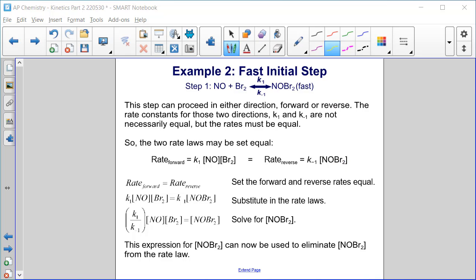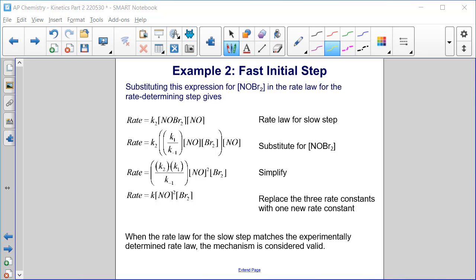Okay, so I set the forward and reverse rates equal, substitute the two rate laws in, and solve for NOBr2, which I can see right here. This expression for NOBr2 can now be used to eliminate NOBr2 from our rate law that we wrote on the previous slide. So let's take a look at that now.